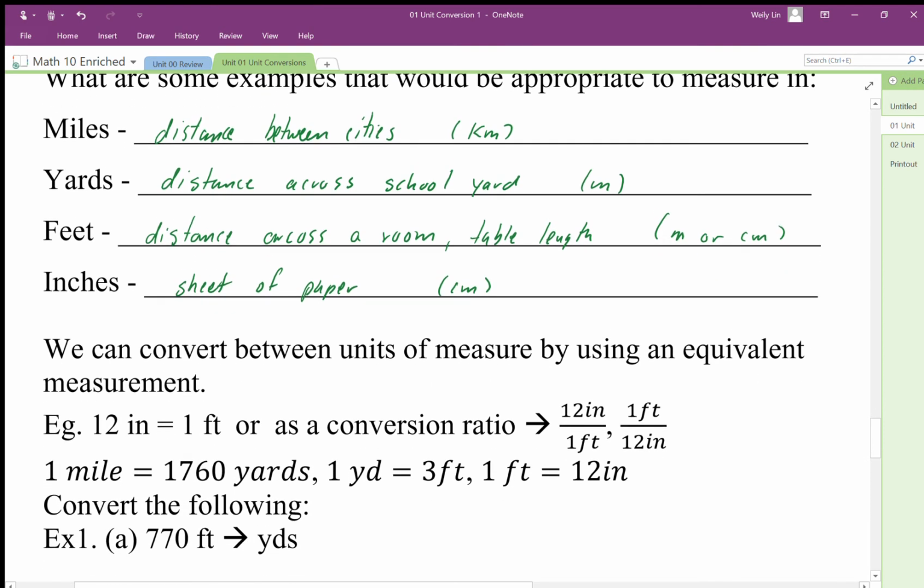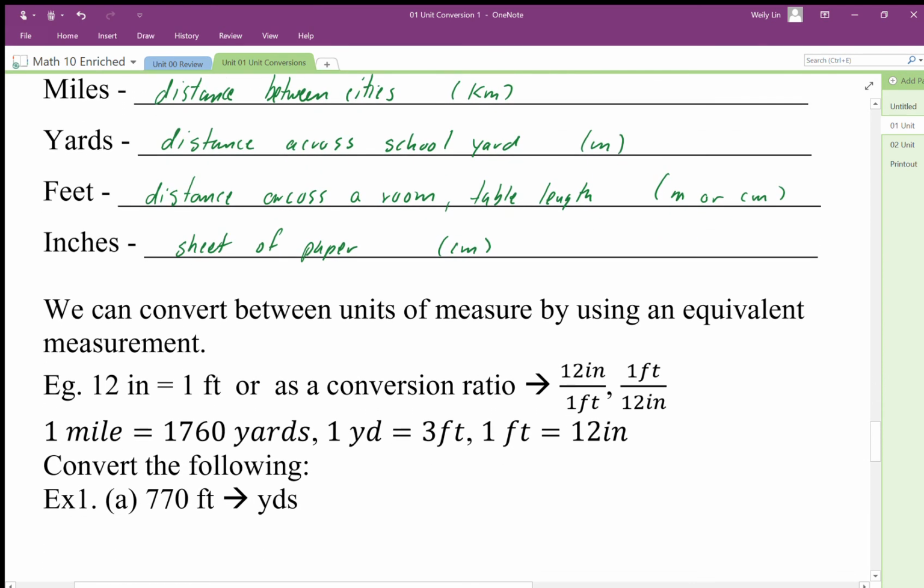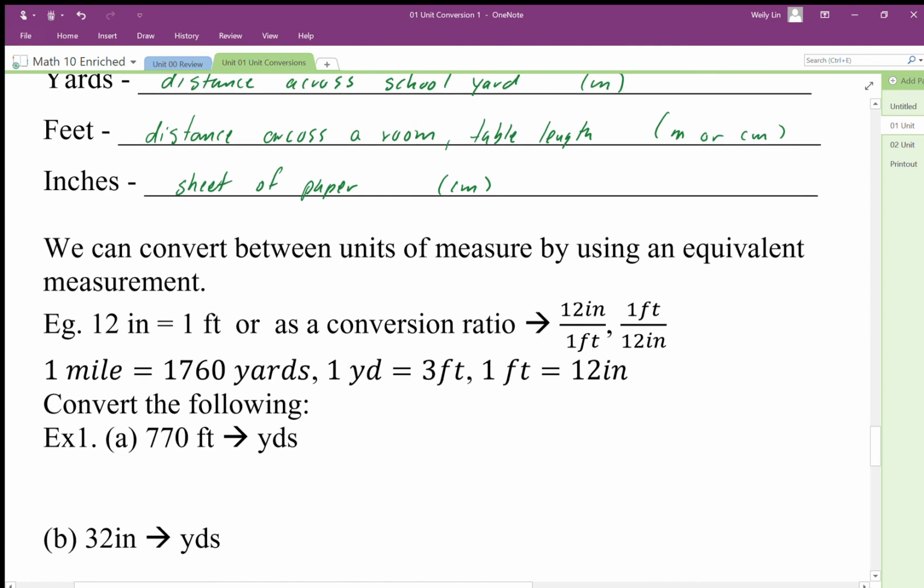So when we're converting between these imperial measurements, we have these conversion factors, and we use them in the same way as we would convert any other rates. We use these conversion rates to change feet to yards. So in this case here, if I have 770 feet, I can use a proportion, but again, we want to try to use this multiplying strategy or unit analysis, also called dimensional analysis.